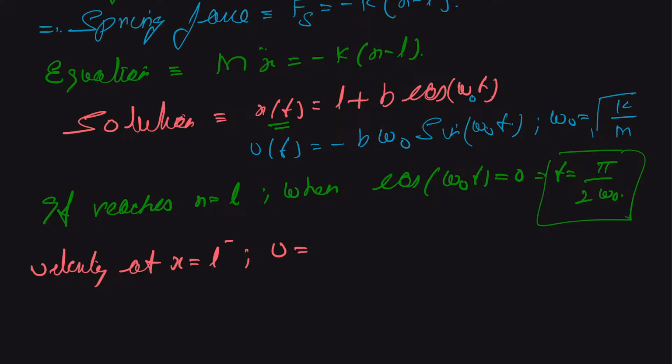So that will be giving us minus b omega naught. This is just to differentiate that it has not reached L yet, just to the right of L. And we know our omega naught, so we get this as minus b times the square root of k divided by m.